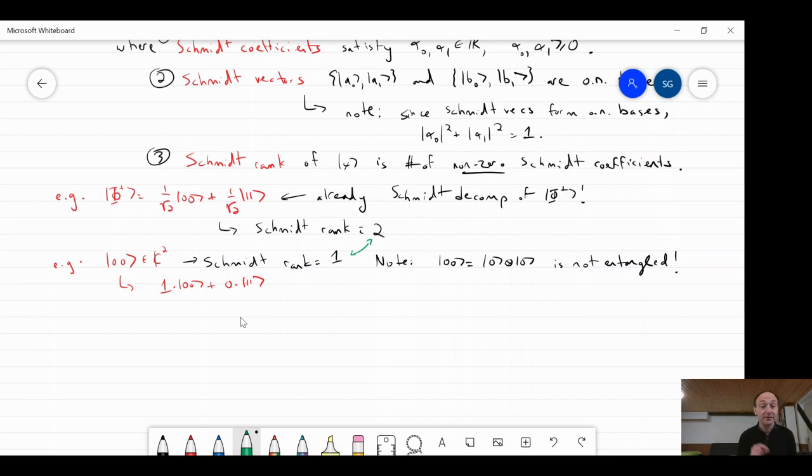And I'm very careful to say for bipartite pure states, because if you go to more than 2 parties, or if you go to mixed states, which we'll do later today, the story changes dramatically.